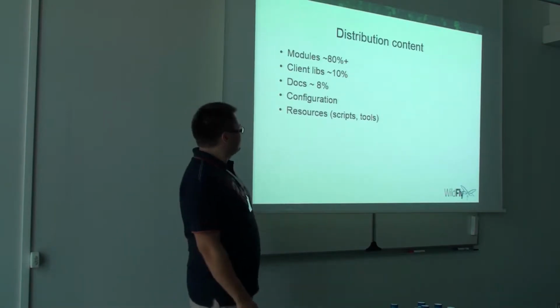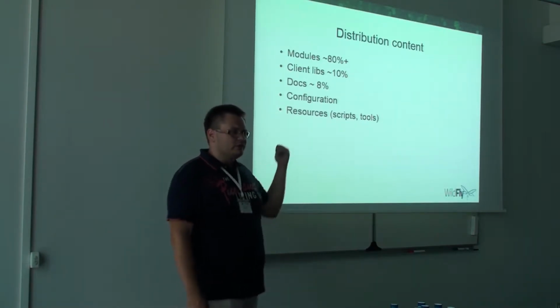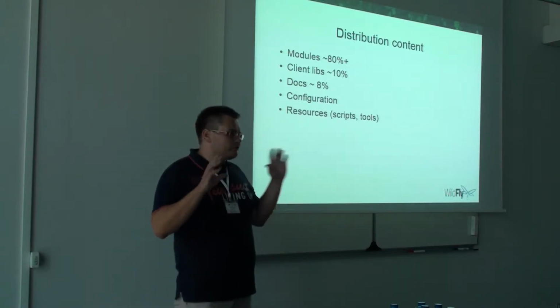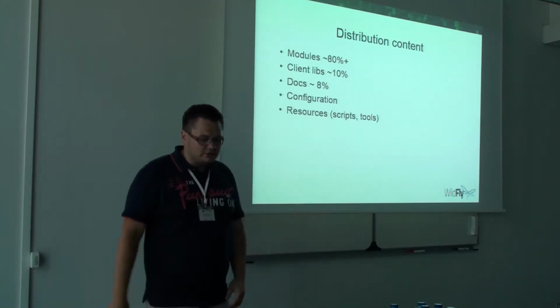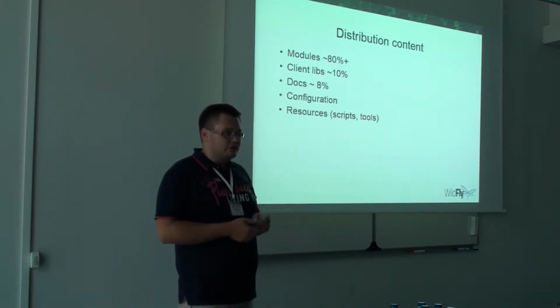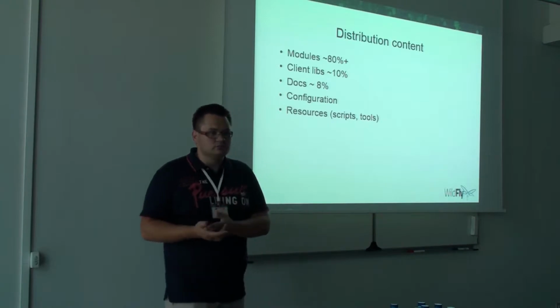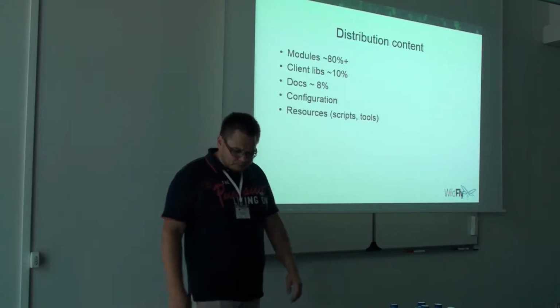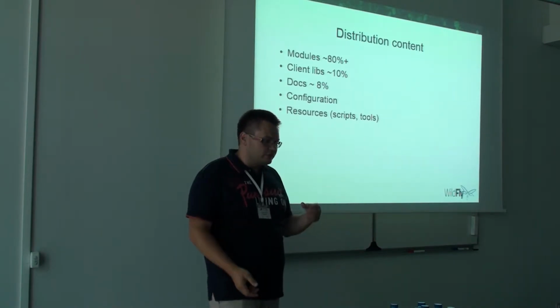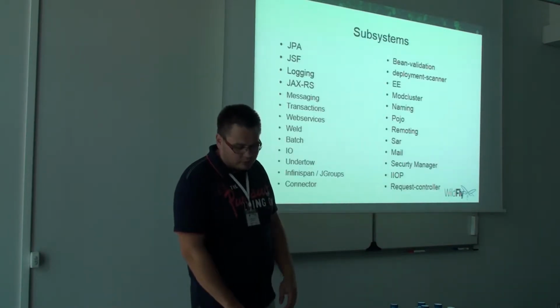And documentation actually adds up quite a lot. In this doc folder, we mostly include the schemas for all the configuration options for the XML files, and so on. And then there is the configuration, which is two files, standalone XML and domain XML, for the guys that know the server. And then there are some resources like scripts to start and stop the server, which is the smallest part possible.